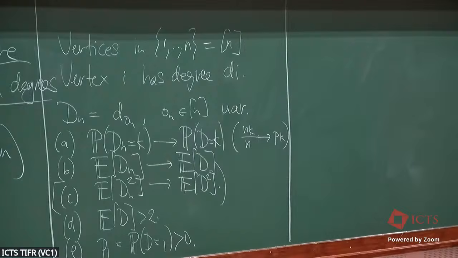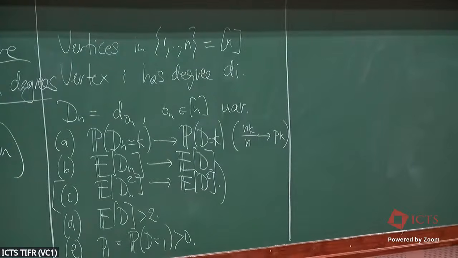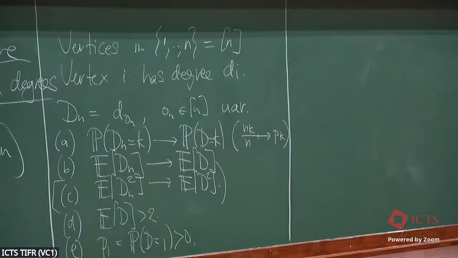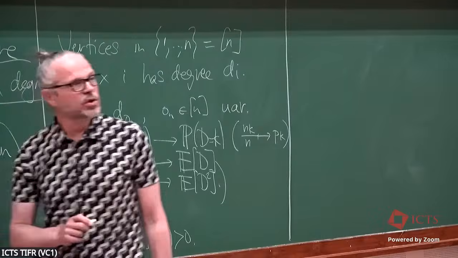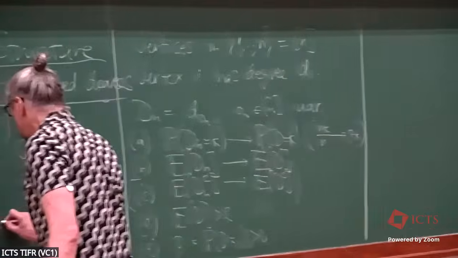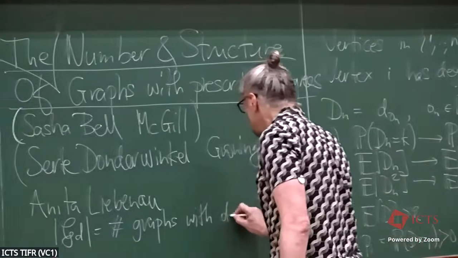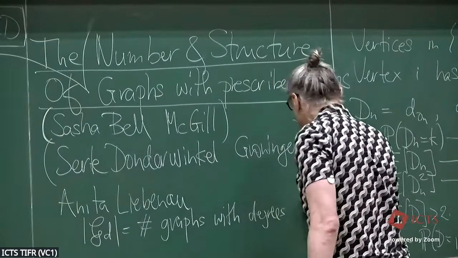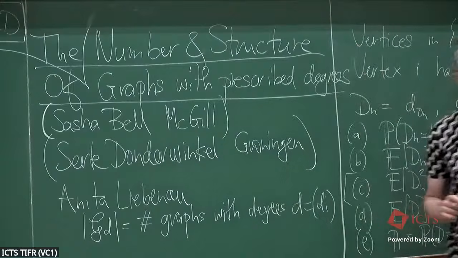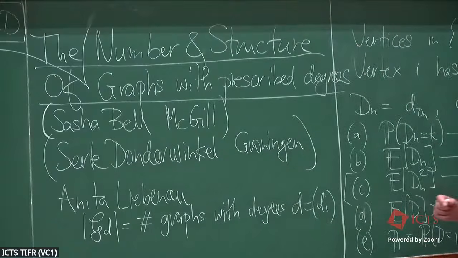Now what are we going to be studying? I will be denoting two things. I will be interested in this degree distribution, which is the number of graphs with degrees d, a vector d_1 up to d_n.